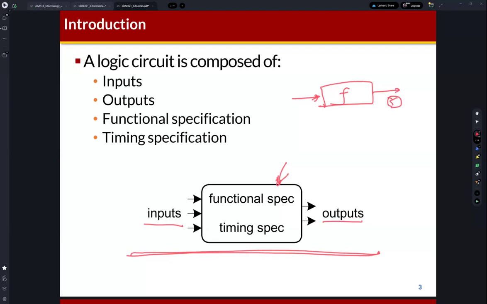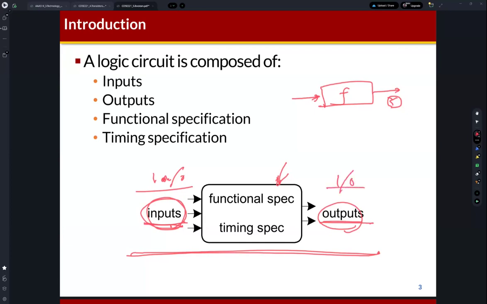A logic circuit is composed of input values, but this is a digital system, so inputs will have only ones and zeros, and output values will be generated by this digital block or digital system. The output values will also have ones and zeros.